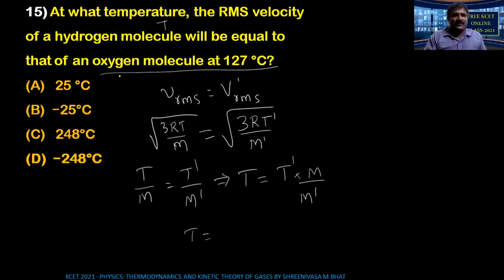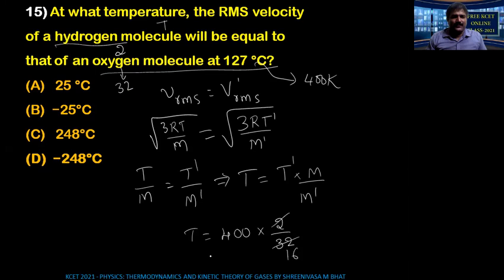So temperature of oxygen molecule 127, again conversion into Kelvin, add 273, it is 400 Kelvin. So substituting here 400 Kelvin into mass, M means mass of hydrogen. We can take 2, molecular mass 2, and oxygen molecular mass is 32. O2 it is 32. So M is 2 divided by M dash is 32. Okay. So this 1s are, this 16s are.